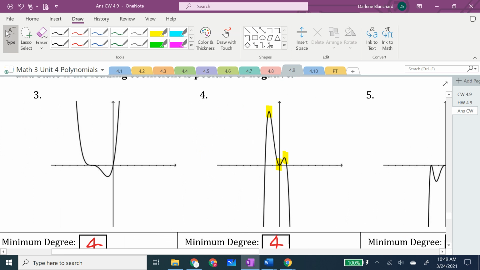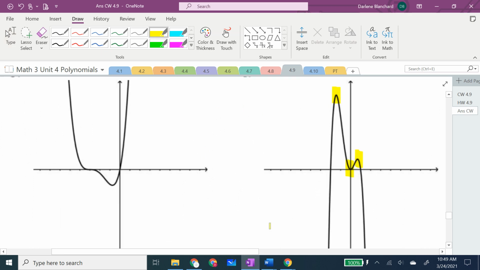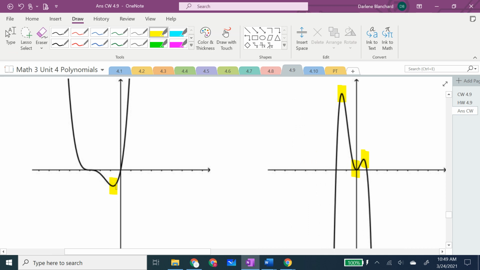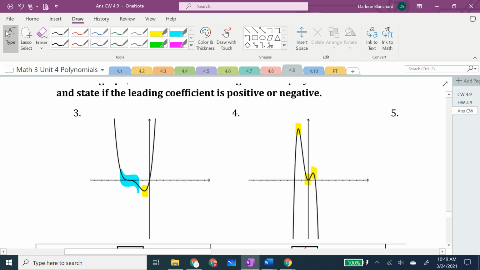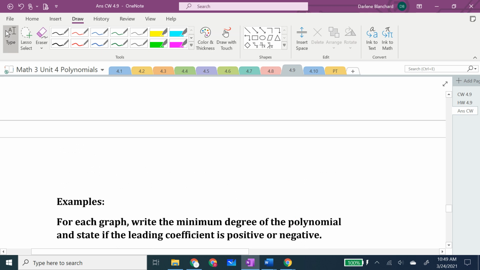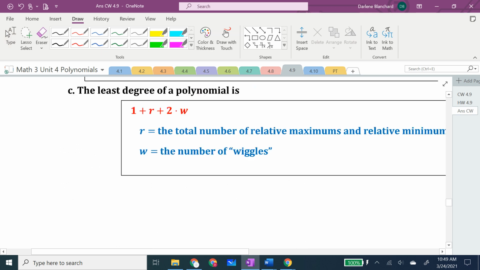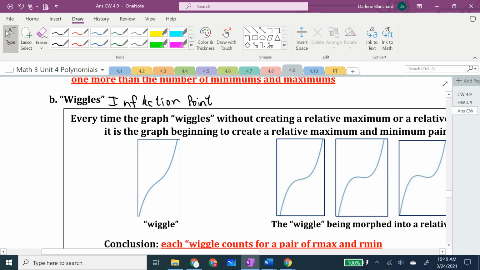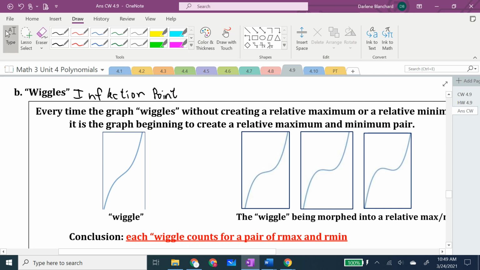But when I go to look at number 3, do you see that I've got this relative minimum, but over here, I just have this inflection point? What you want to know is an inflection point that doesn't form a relative minimum maximum, which is actually kind of why I add the word wiggle in there, because it's wiggling without creating the maximum minimum.